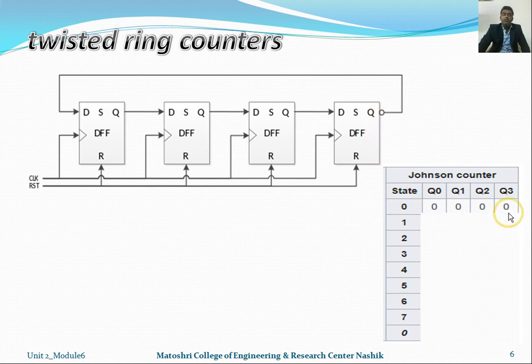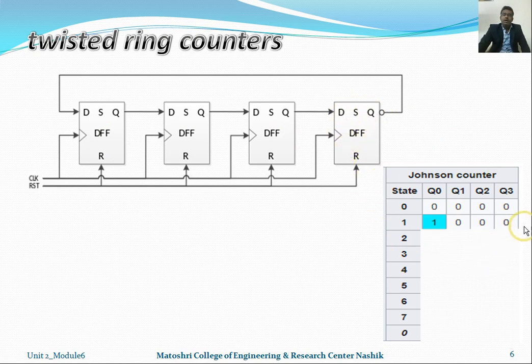The complement of this 0 is 1, and this 1 is available as the input for the first flip-flop. So for the next clock pulse, 1 is stored in the first flip-flop and all the remaining flip-flops store the 0 value.